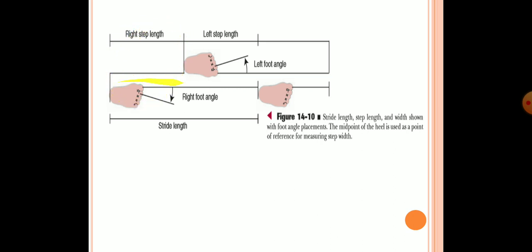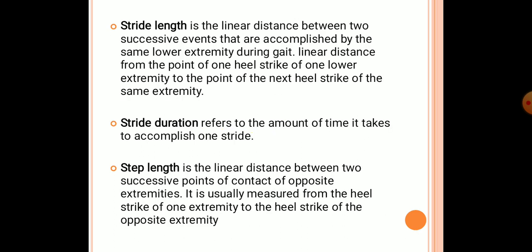Stride length is on the same limb, the distance between two successive heel strikes on the same limb, whereas step length is two successive heel strikes of opposite extremities.